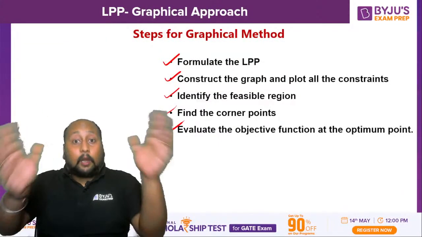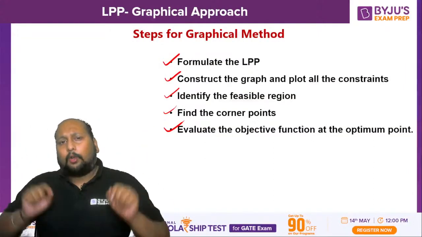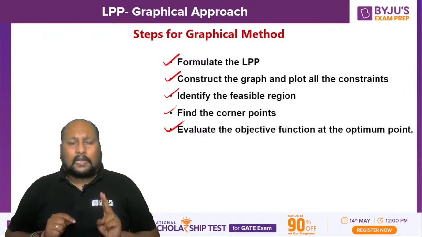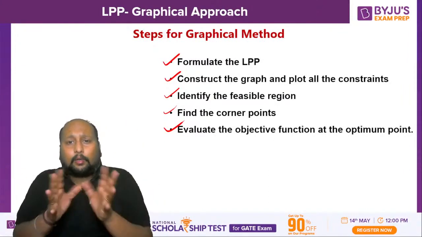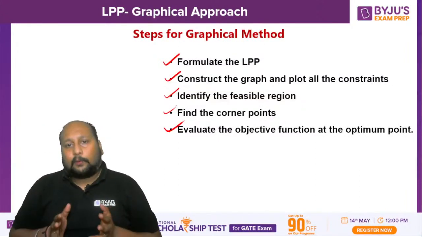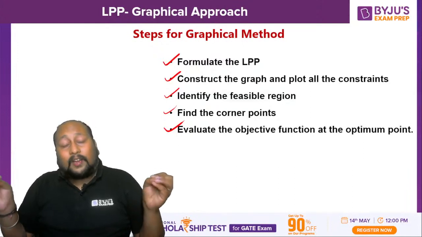The biggest drawback of the graphical method is that if I want to plot a 2D graph, I will require two decision variables, x and y, or x1 and x2. But suppose I have three different variables.